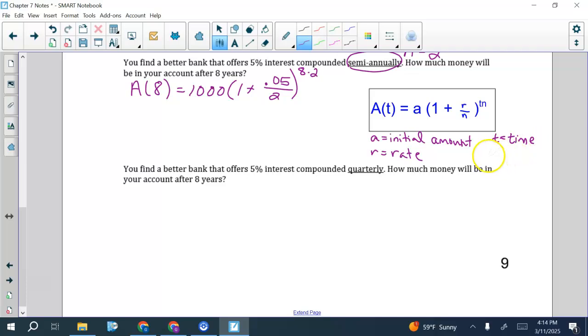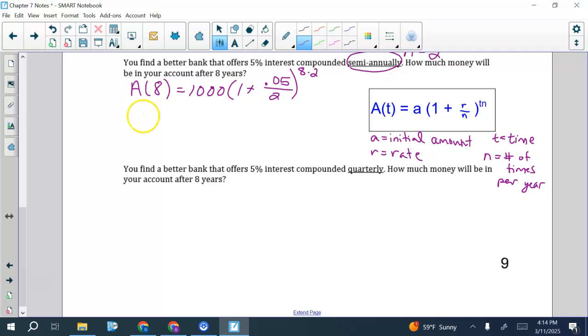And then N is the number of times per year that your interest is compounded. All right, so that's why we put in 2, since it was semi-annually. If it's monthly or quarterly, we'll do it a little bit different.